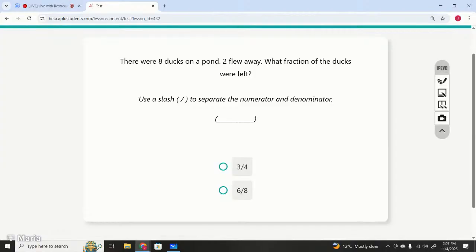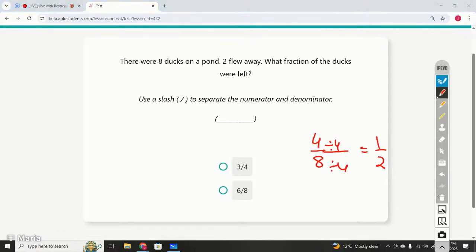There were 8 ducks on a pond. 2 flew away. What fraction of the ducks were left? So 2 flew away. We need to find the ones that are left. So 6 of them are left.